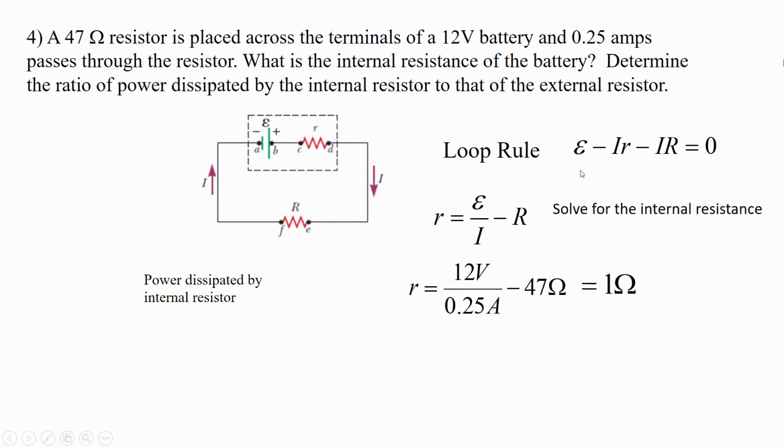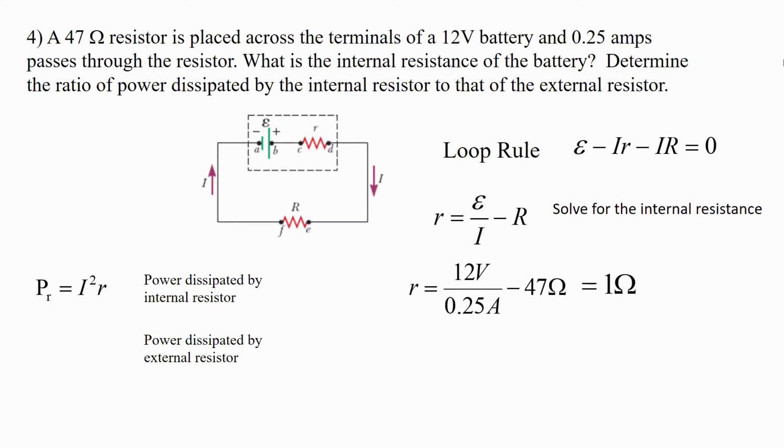So now what we want to do is determine the power dissipated by the internal resistor. Remember, we want to find a ratio of the power dissipated by the internal resistor to that of the external resistor. So let's first start with the internal. It's I squared times little r that is dissipated by the internal.